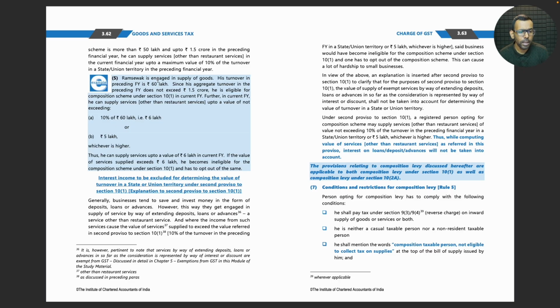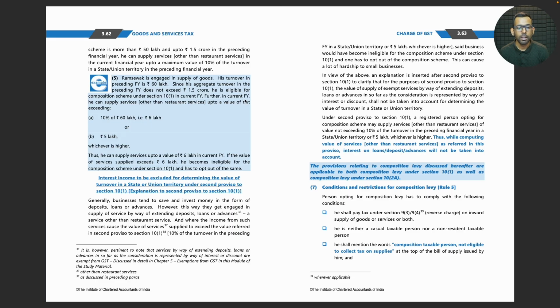Ram Sevak is engaged in supply of goods. His turnover in the preceding financial year is 60 lakhs. Since his aggregate turnover in the preceding financial year does not exceed 1.5 crores, he is eligible for composition scheme under section 10 subsection 1 in the current financial year.